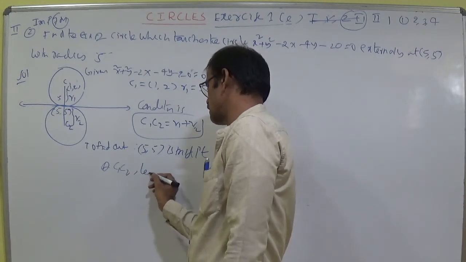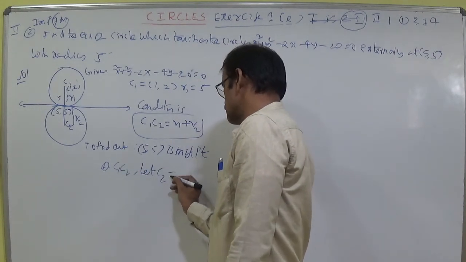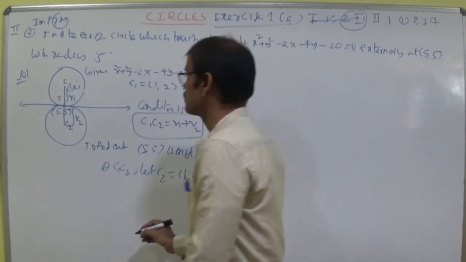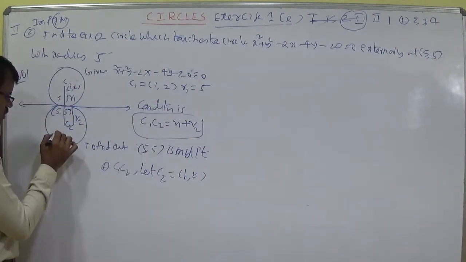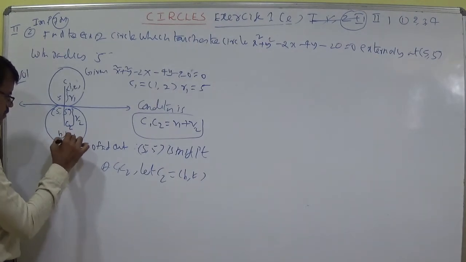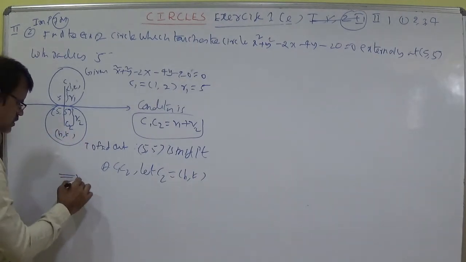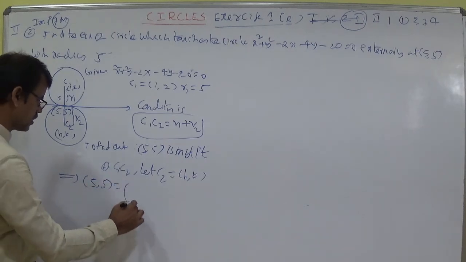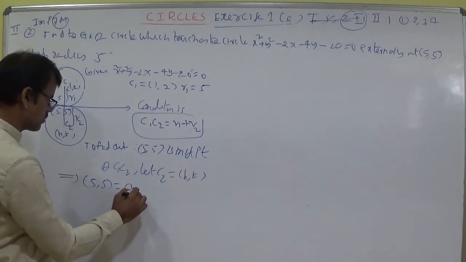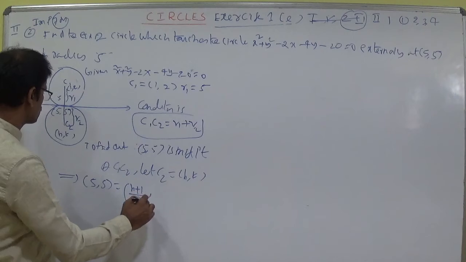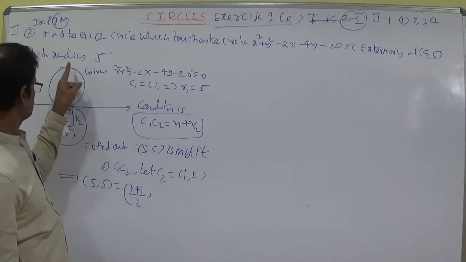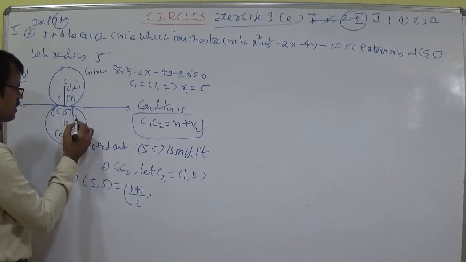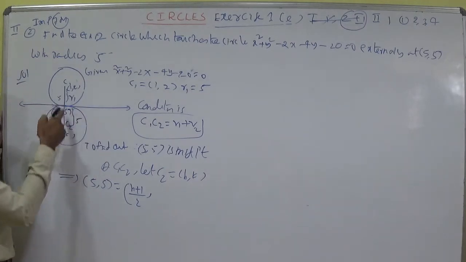Let C2 be H comma K, or alpha beta, anything you can write. Using the midpoint concept, 5 is equal to H plus 1 by 2. R2 is also 5, so it is absolutely the midpoint, 100%, because this is 5 and this is 5.